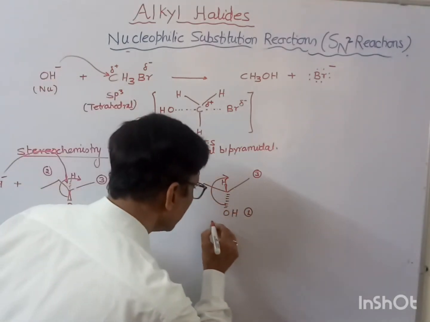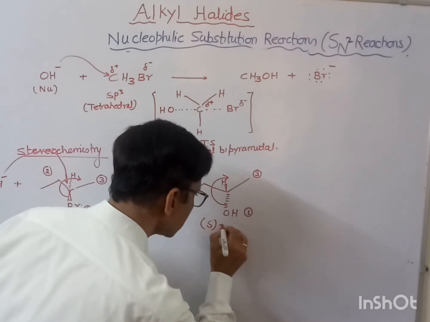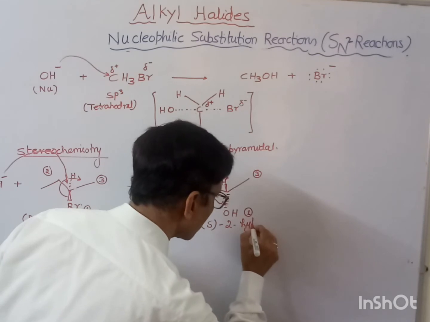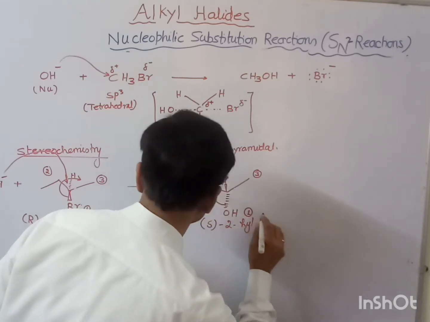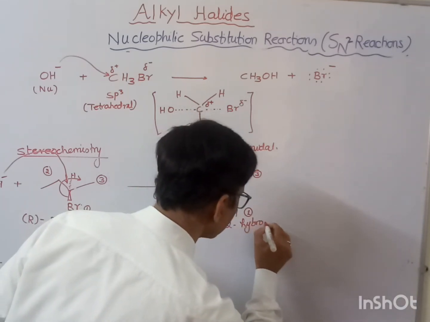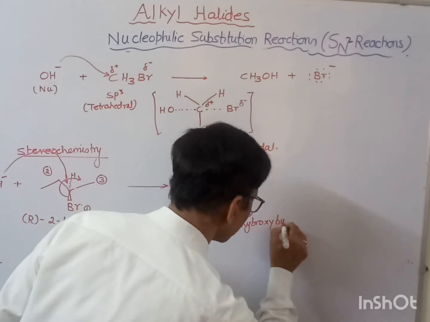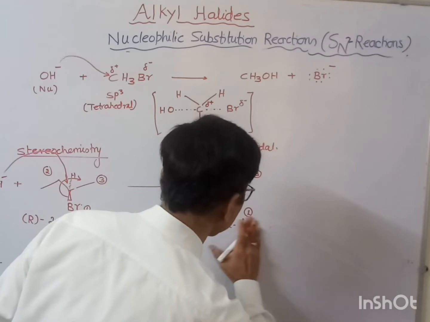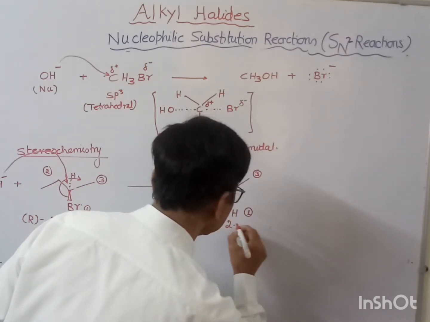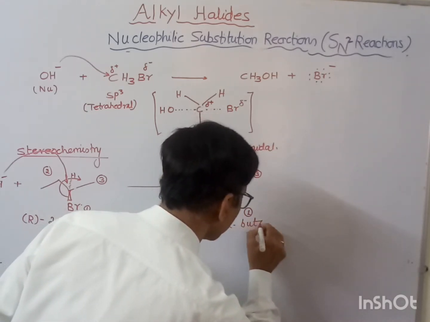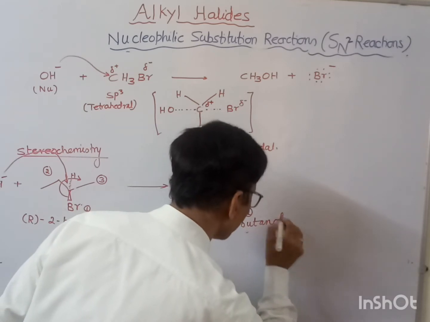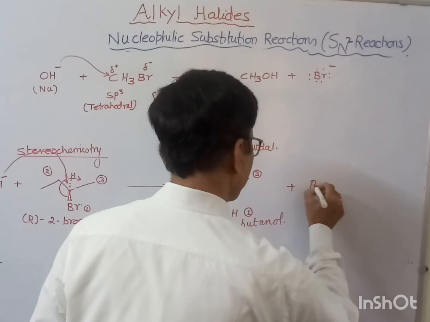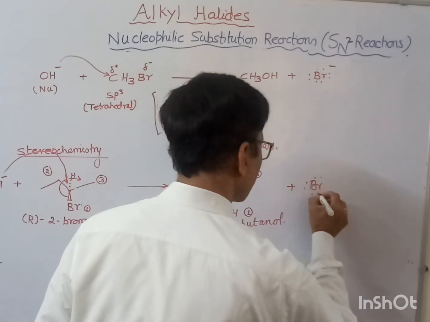So we should write the configuration S, 2-hydroxy, or we can say 2-butanol, or S-2-butanol. So this would be the product, and this bromide ion will leave.